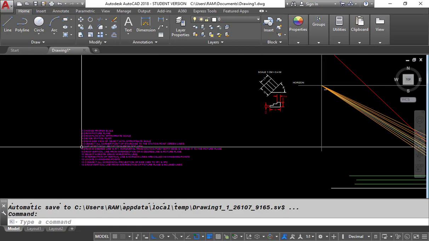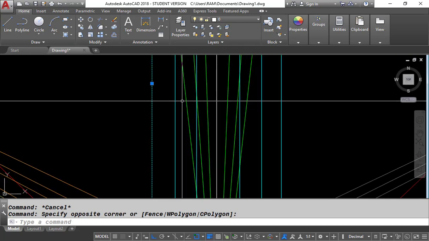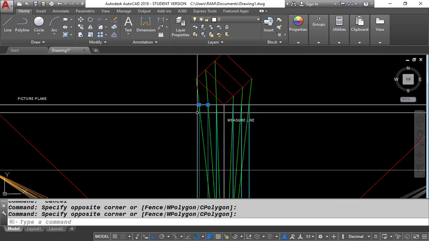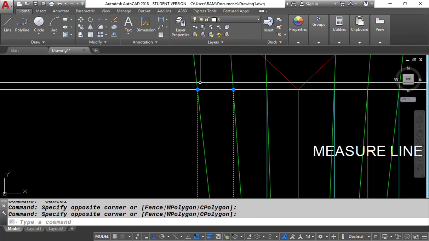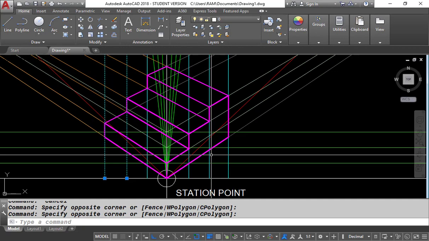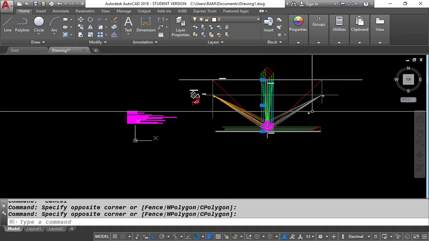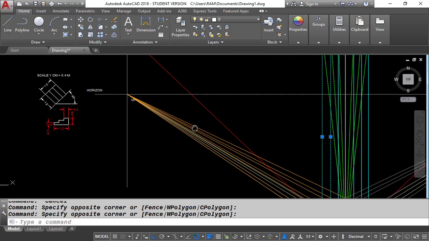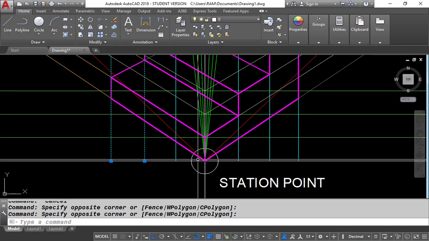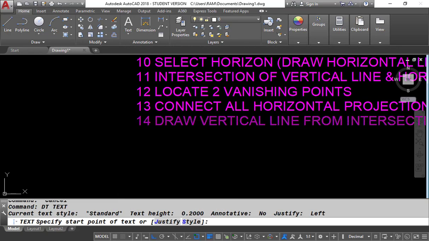So what is that? This is our vertical line. As you can see, this colored line is the vertical line which is drawn from the intersection of the picture plane and inclined line. Okay, so you will draw the vertical lines, and then after connecting all the points to vanishing point 2 and vanishing point 1, you can draw the actual perspective line.